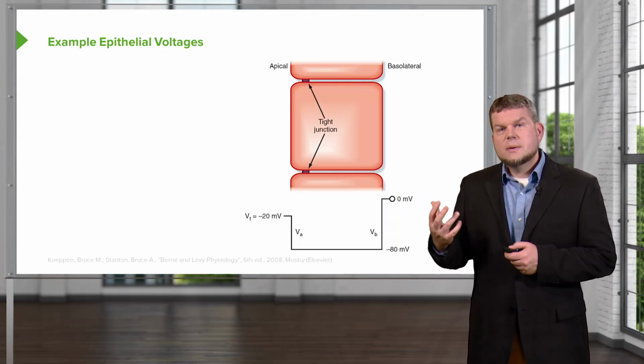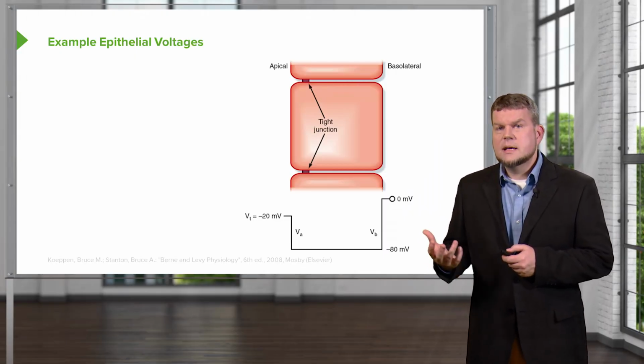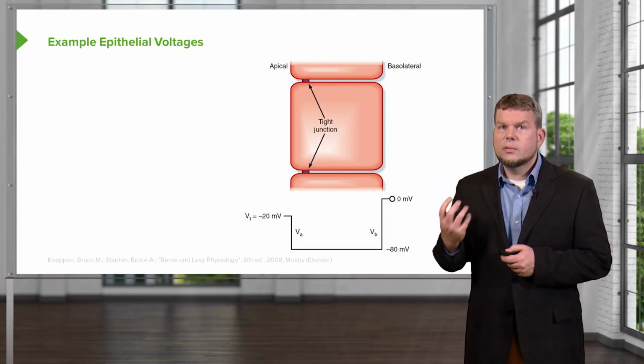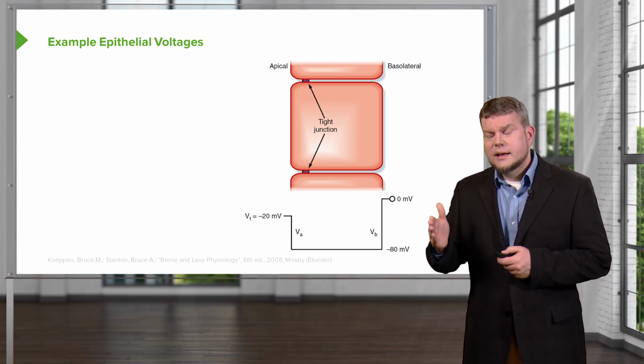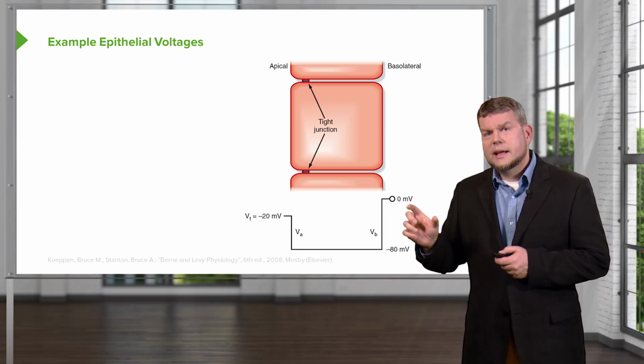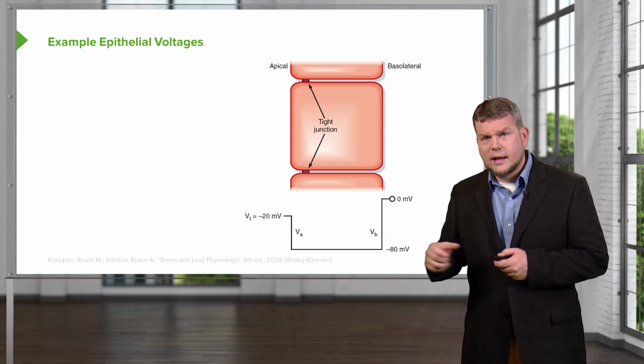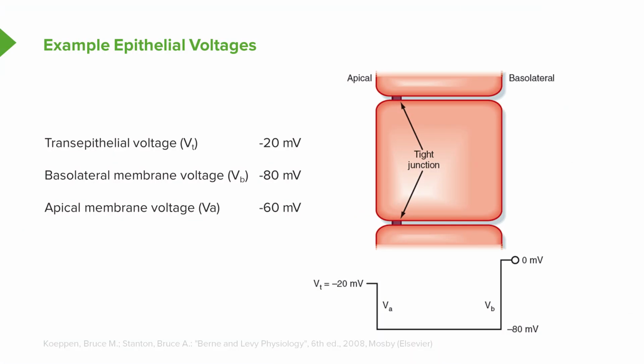So let's go through some examples to practice this, because this is a very different way of looking at voltages. It's both across a membrane, across a second membrane, and then across the whole cell line. If we have an apical membrane voltage of, let's say, minus 60 millivolts, we have a basolateral voltage of about minus 80 millivolts.